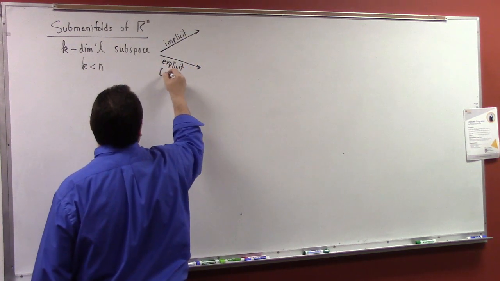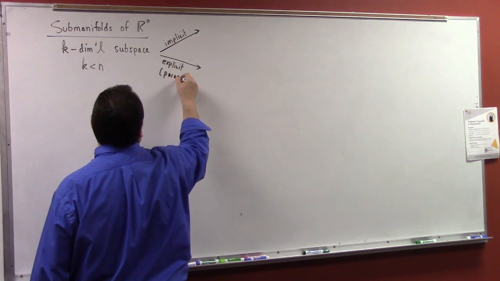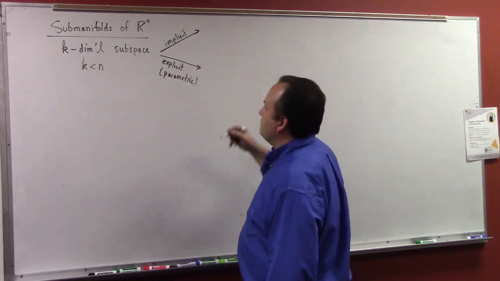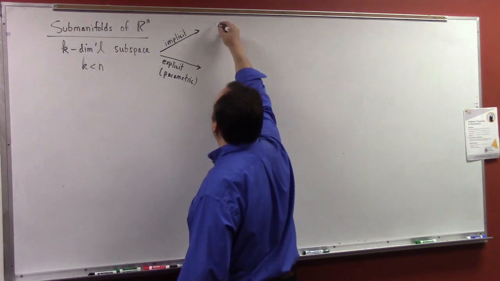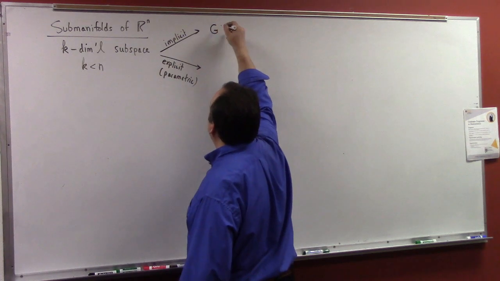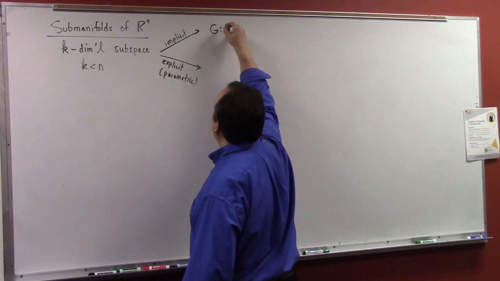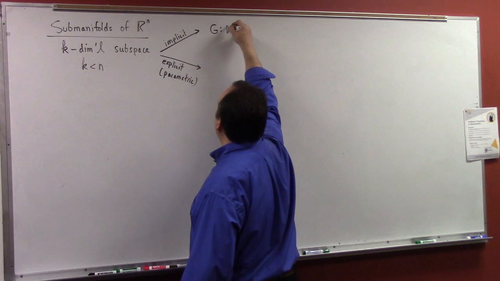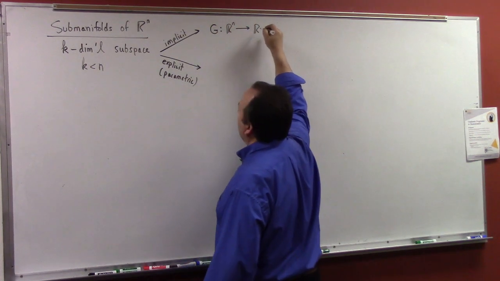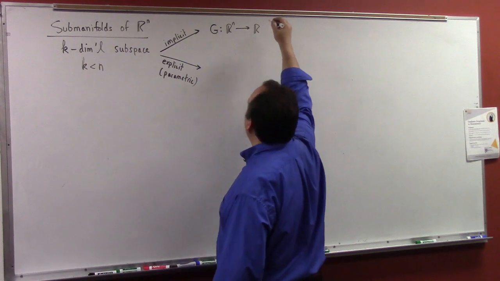Now the explicit you might also call parametric. So implicit, what you do is you have G, a mapping from Rn to R n minus k.